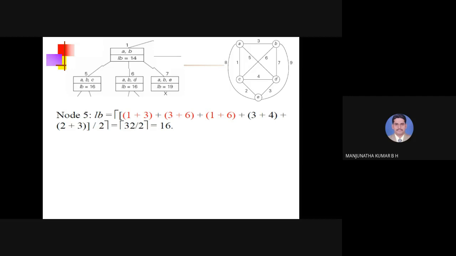Now next D. D no problem, because in ABC I am not considering D at all. D cost remains as 3 plus 4 only, because the 2 nearest cities for D are C and E, its cost is 3 plus 4. And E, no problem, it remains as 2 plus 3. You add all these numbers, you will get 32. 32 divided by 2 is 16. So 16 was the answer for node 5.